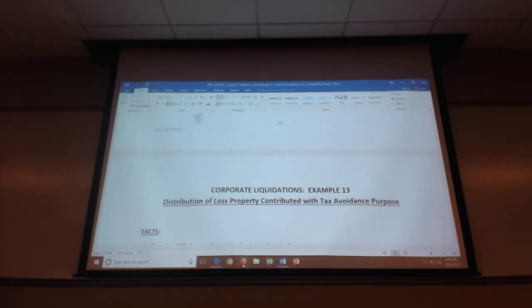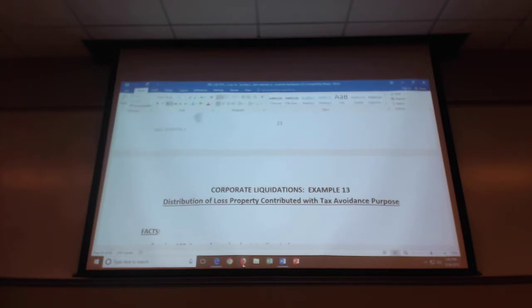And the code has more of a facts and circumstances approach by which you can run into trouble here if a principal purpose of contributing property with a built-in loss was to enable the corporation at some point in the future to recognize a loss on liquidation.